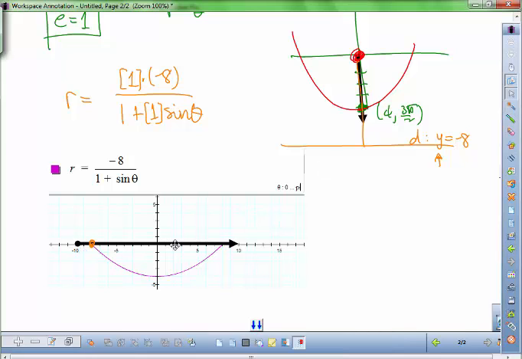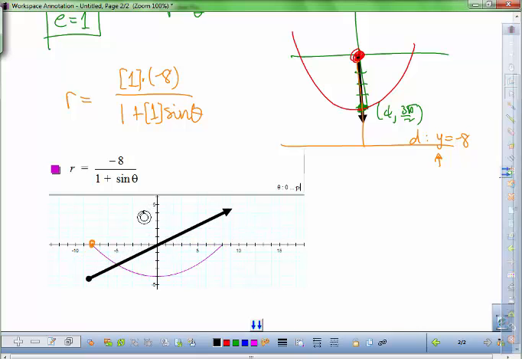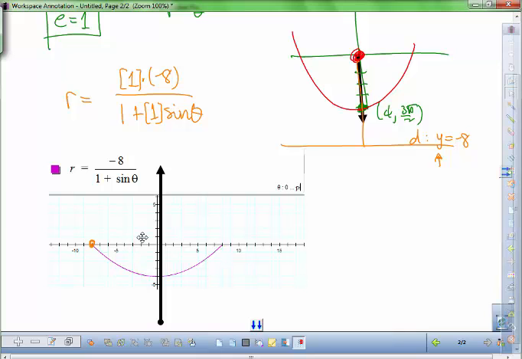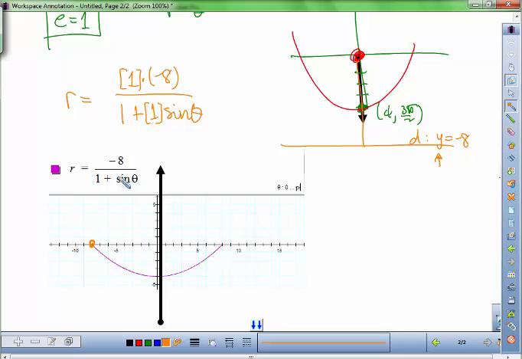Now, as I turn, by the time I get to theta equal to pi over 2, sine of pi over 2 is 1. So I get negative 8 over 2, which is negative 4, so I'm at negative 4 down here.